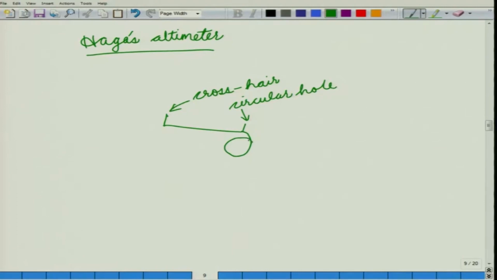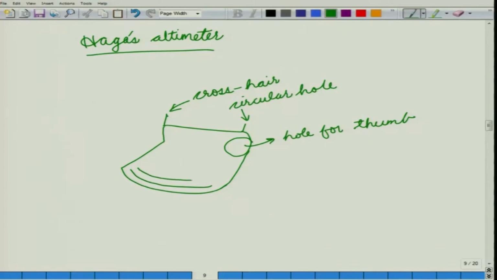Then here we have a hole for thumb. And here we have a number of scales, and we also have a pointer.